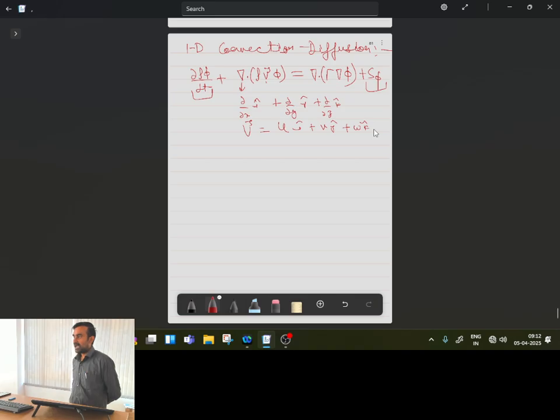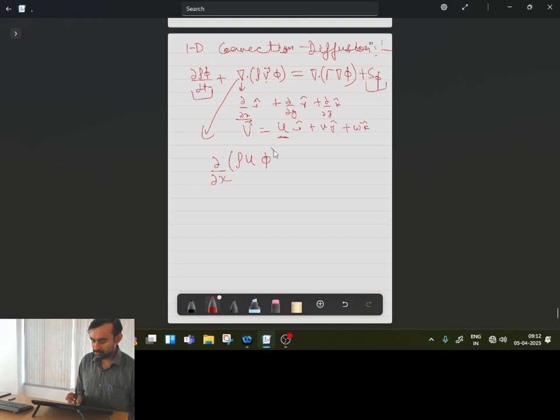As I only have to point in a single direction, I will take the term del by del x, and from the velocity I will simply take u. So the one dimensional approximation of the first term becomes del by del x of rho u into phi.